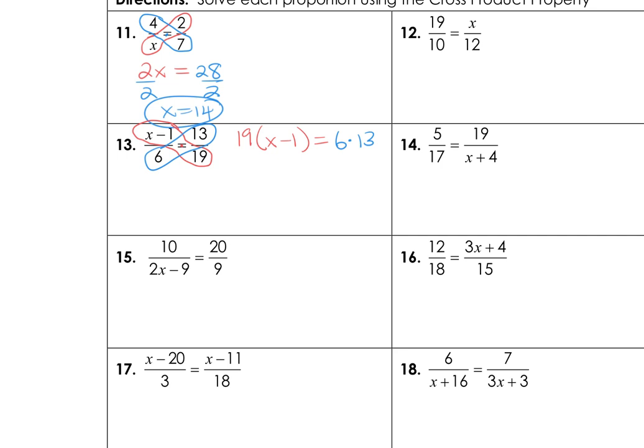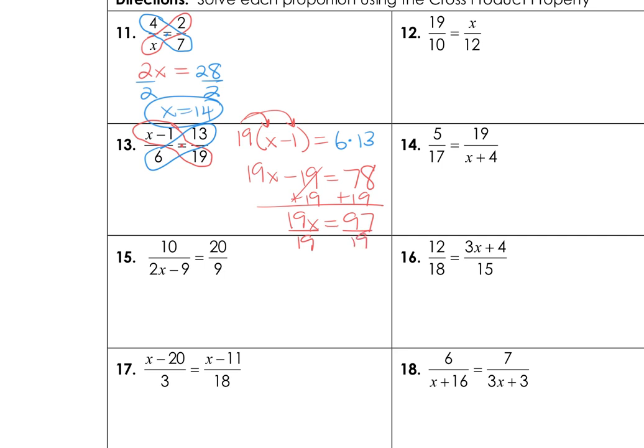Now we're going to solve this. So we're going to distribute our 19. 19 times x is 19x. 19 times 1 is 19. On the other side, I got my calculator. 6 times 13 is 78. And you know how to solve this from here. So I'm adding 19. We get 97, divide both sides by 19.